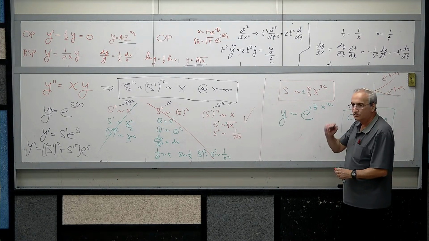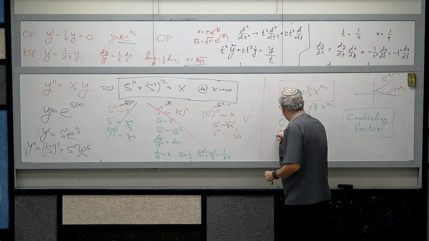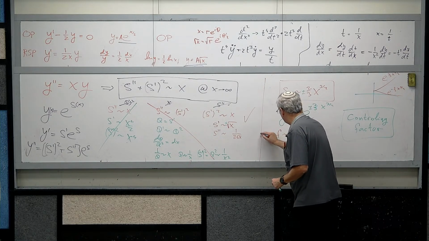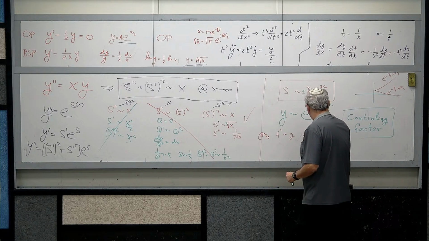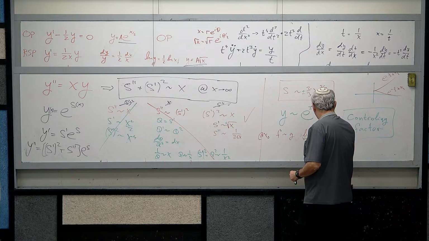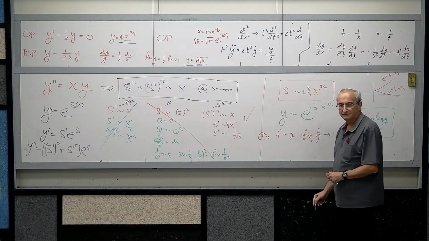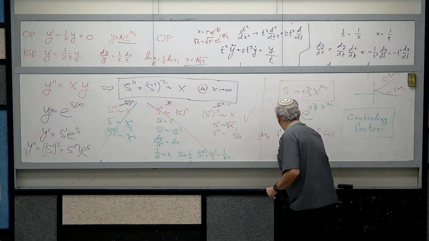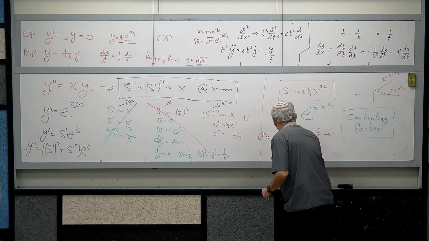What I told you is that f is asymptotic to g at x0 if the limit of f over g as x goes to x0 is 1. Now, can I say that e to the f is asymptotic to e to the g?